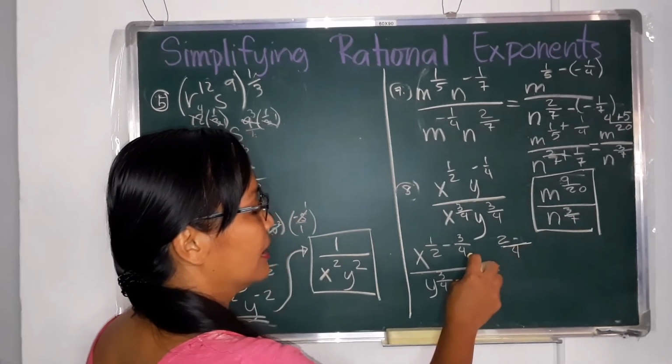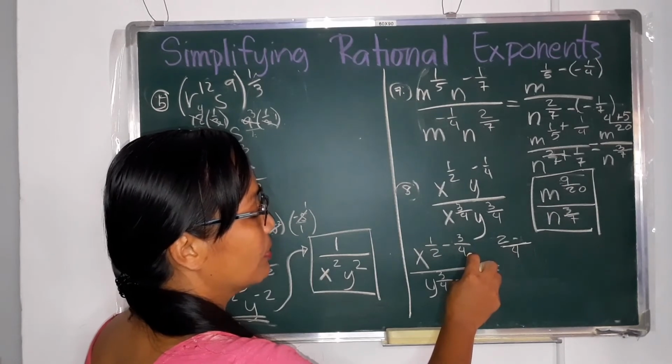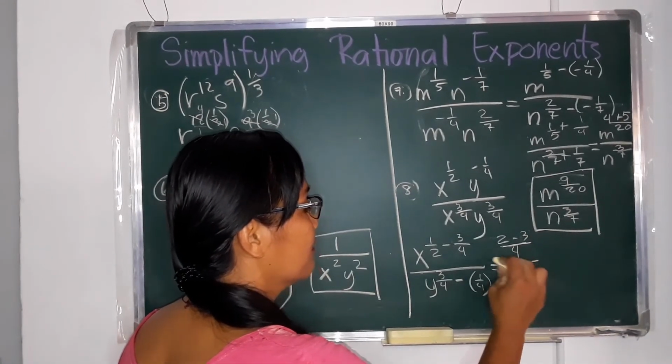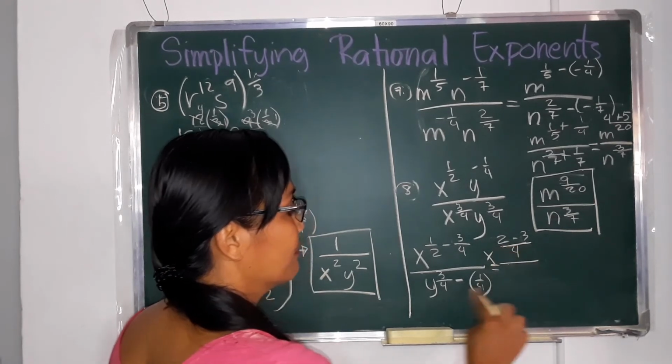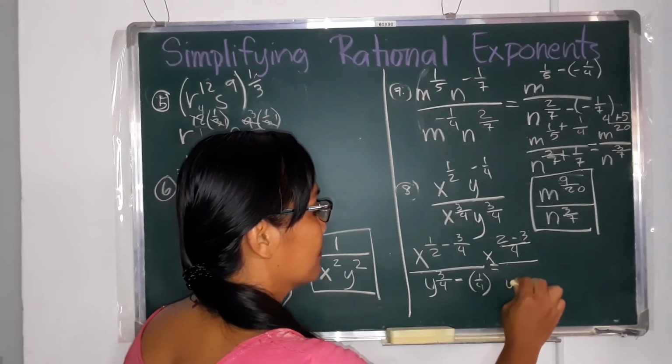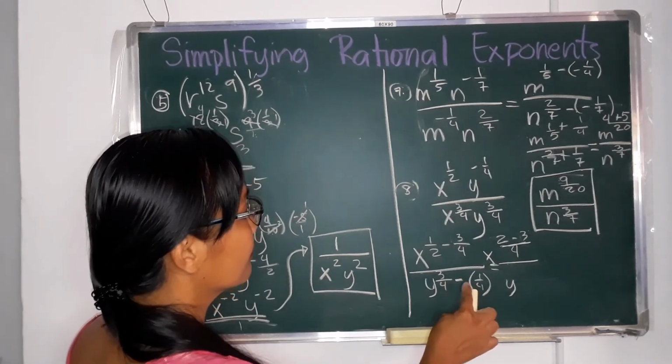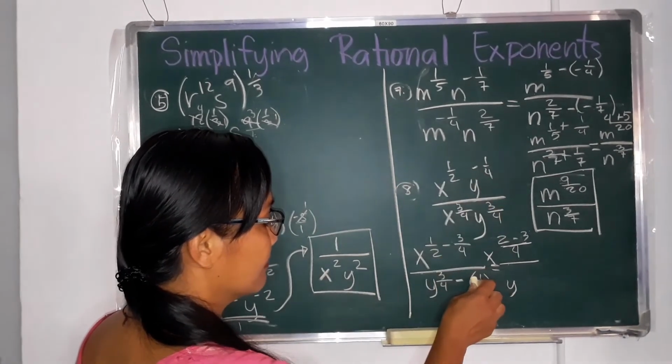Minus 4 divided by 4 is equal to 1. 1 times 3 is equal to 3. All over, so this is x. Sorry for that. Next, copy y. Then, this is negative.